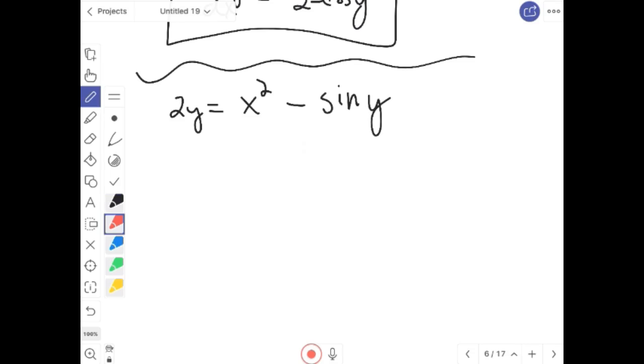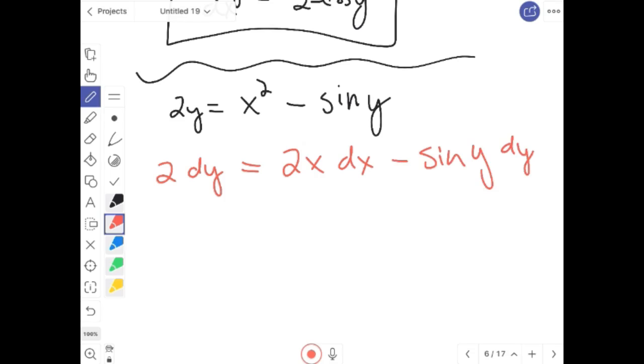So I would say 2 dy, because we took the derivative of y, and then 2x dx minus... whoops, I messed that little part up. So plus cosine of y dy.